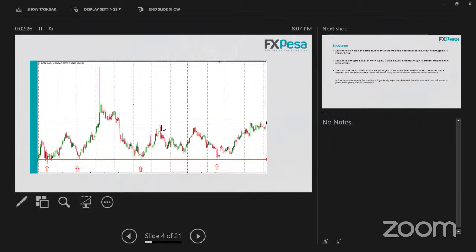We're just using it as a zone or a line or an area that acts as a point of reference. The second touch should act as a confirmation to you that the third touch will push the price to the upside, or that we have a strong demand on the support.